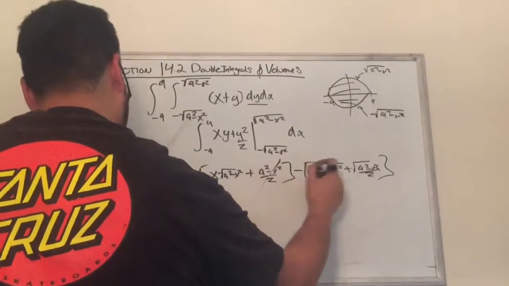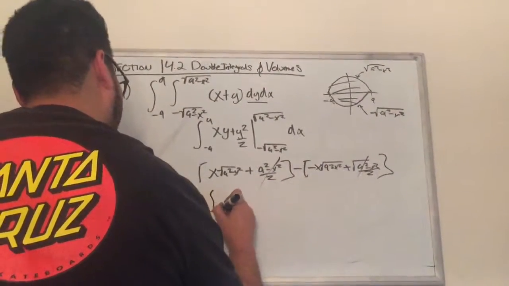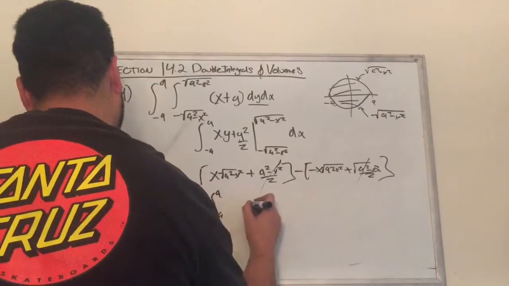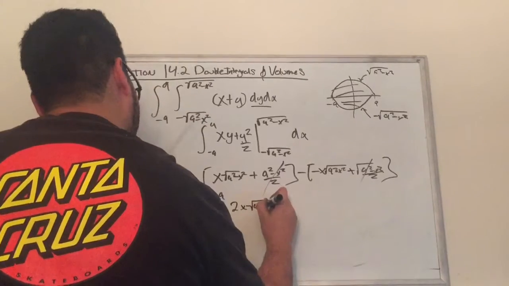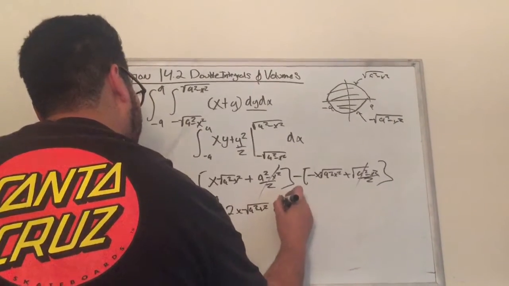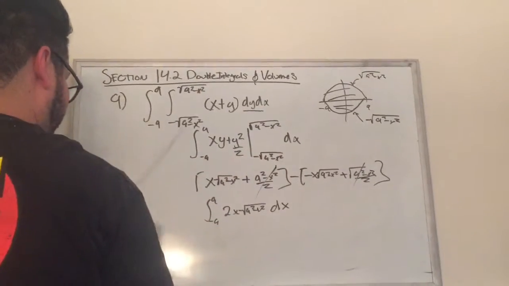So then some of these cancel out, and I got left with the integral from negative a to a of 2x root a squared minus x squared, and we're just left with respect to dx, which is the second order of the integral, and this is a u substitution.